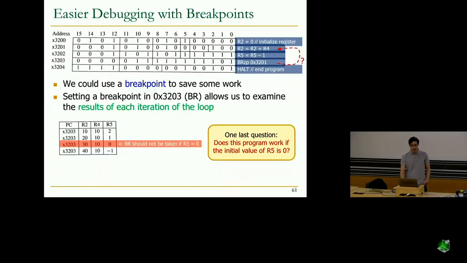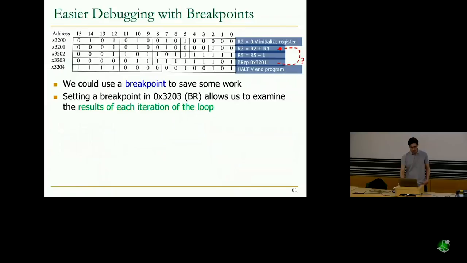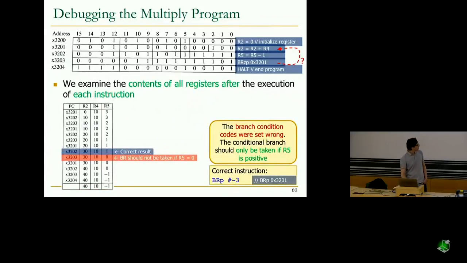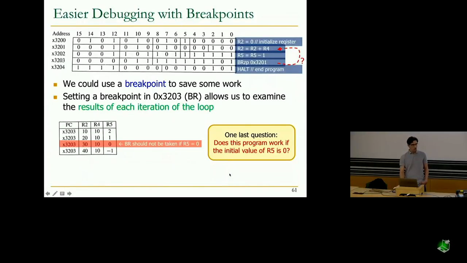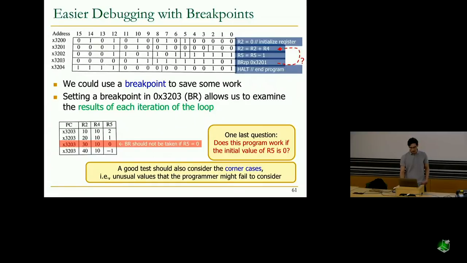And even though we might have fixed it with the correct instruction, the program still has some problems for some values. Think about the case where R5 is equal to 0. I leave this for you to think about.